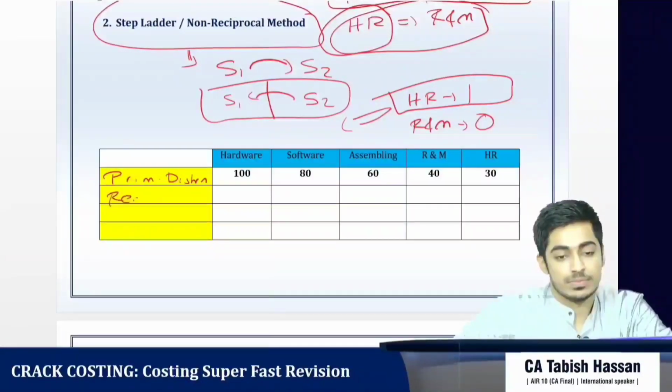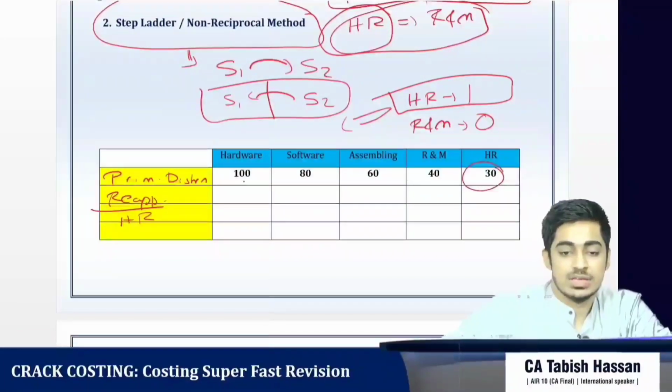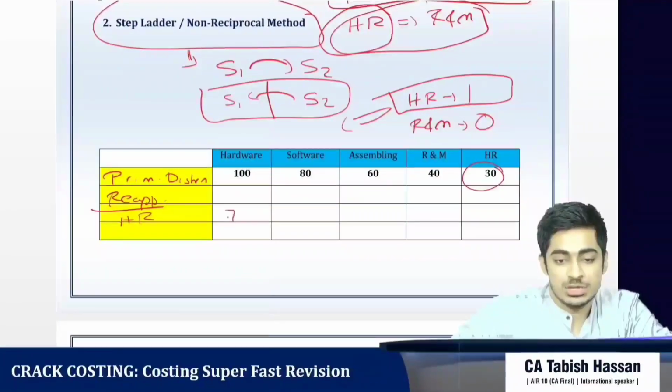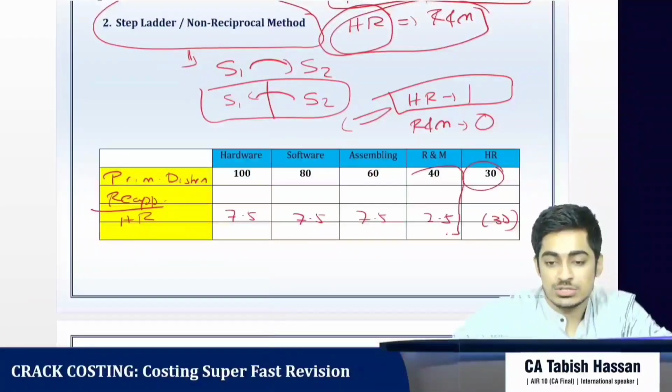So reapportionment of HR. This is 30. Assume it's distributed amongst 4 equally. So it's 7.5, 7.5, 7.5 and 7.5, and this becomes nil. And now we have the total overheads of repairs and maintenance at 47.5.